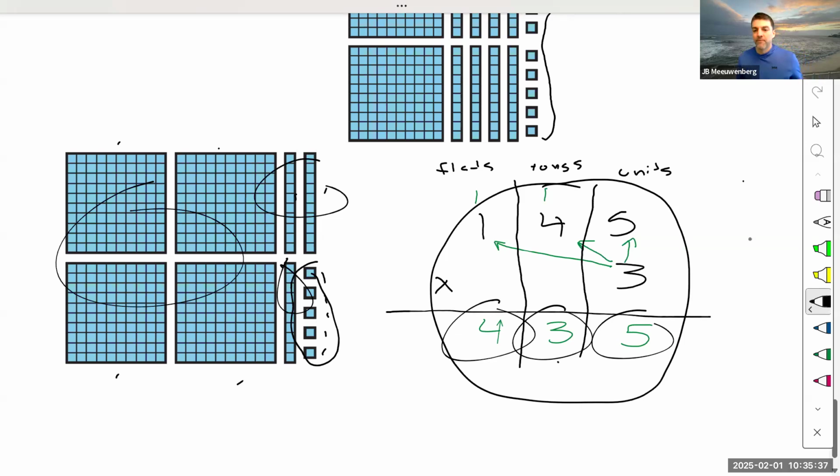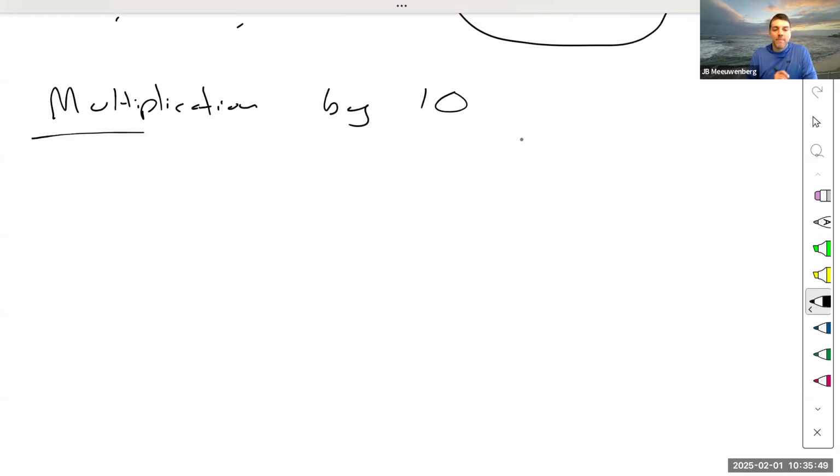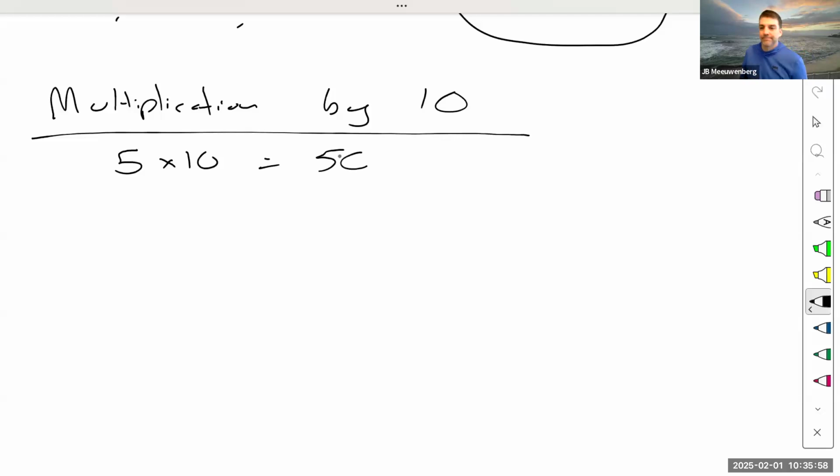Another thing that's really important for everyone, young students especially, to understand is the idea of multiplication by 10. We know that when we take a number like 5 and multiply by 10, it becomes 50. But why is that?